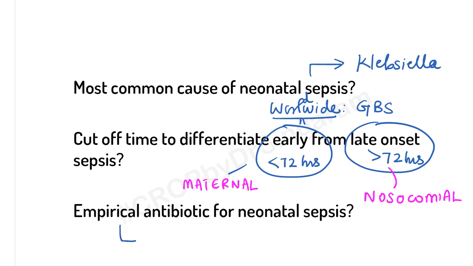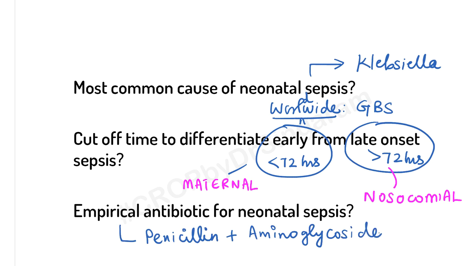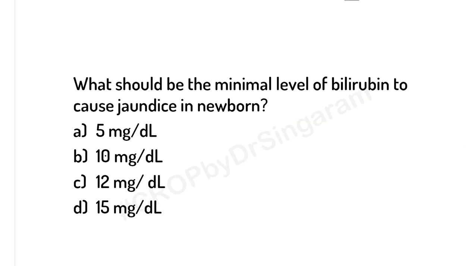So that is why empirical antibiotic is usually a penicillin for gram positive spectrum, which is usually ampicillin. Along with that, you give an aminoglycoside, typically gentamicin or amikacin. So it is a combination of penicillin plus aminoglycoside, which is the empirical antibiotic of choice for neonatal sepsis.